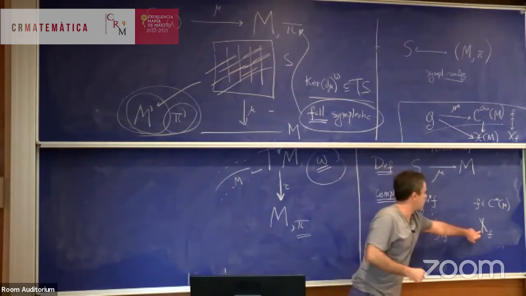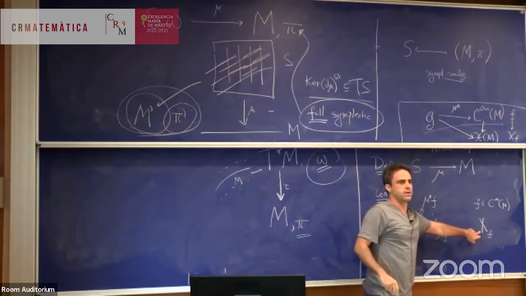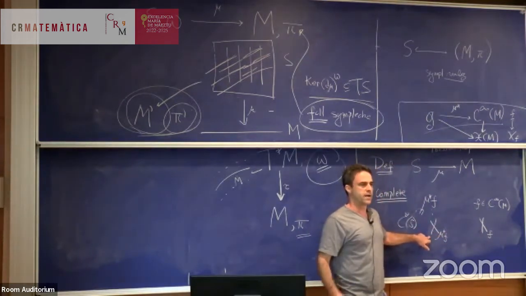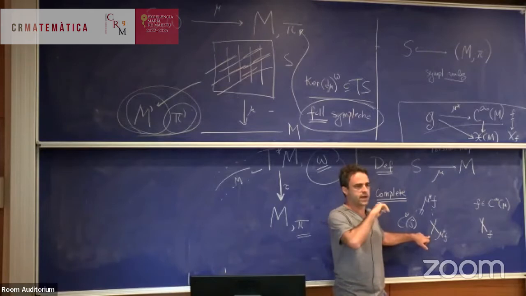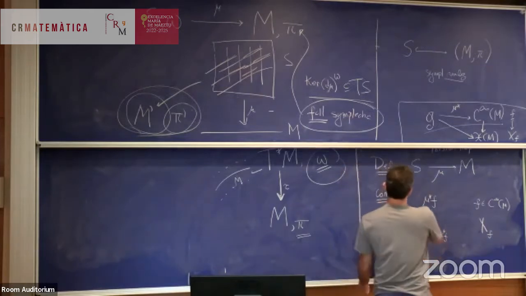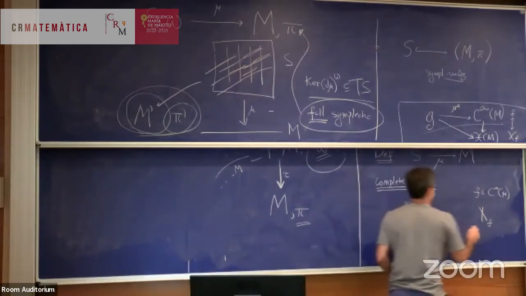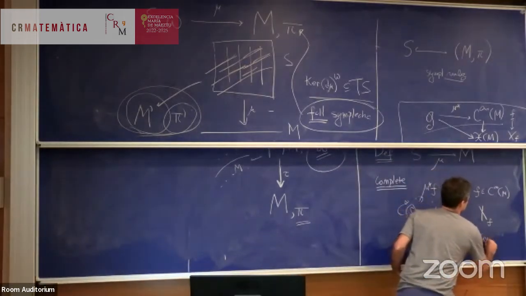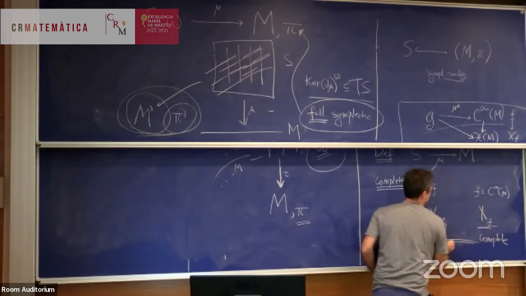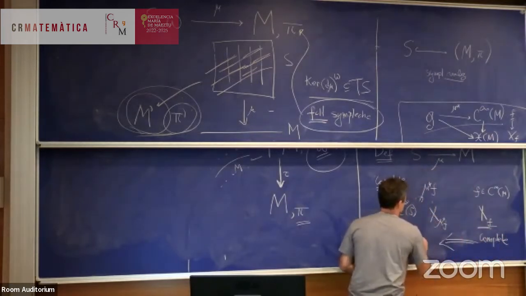Suppose that I can flow this until time 1. Is it true that I can also flow this lift until time 1? And the answer is that it's not the case necessarily. So the notion of completeness is that if this is complete, there's an additional requirement that whenever this is complete, then its lift is complete.